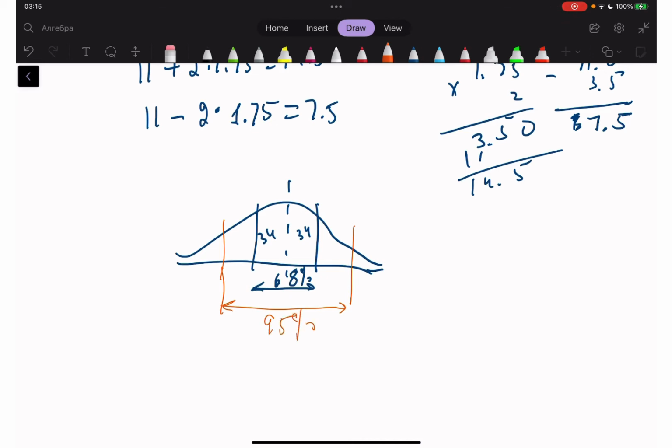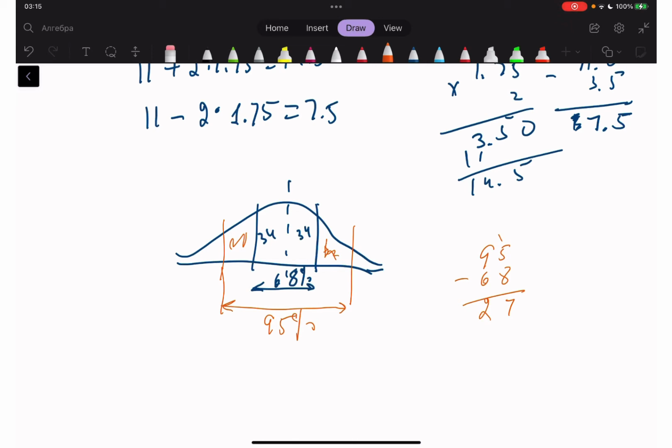How do we find this area? So 95 minus 68 is 27, right? So for these two areas, we have 27.